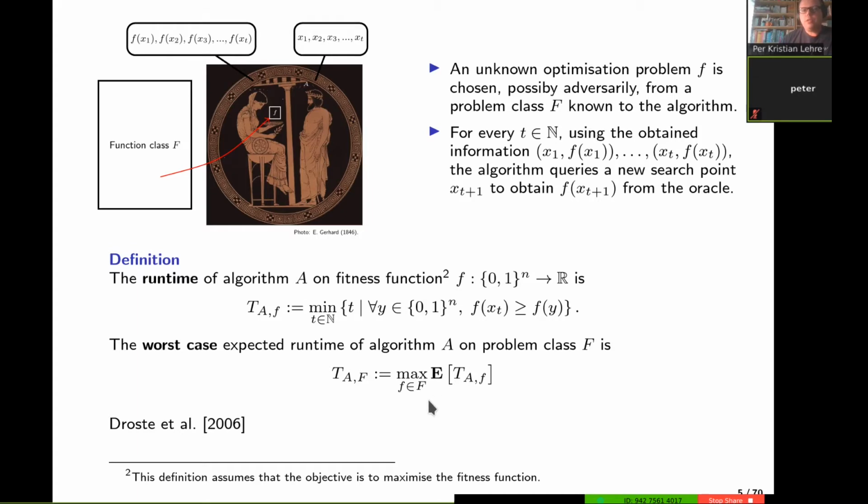And we're also interested in understanding how this runtime depends on the parameter settings of the algorithm, let's say mutation rate, or population size, or other parameter settings. So this is the goal of runtime analysis: to do this for different algorithms and for different classes of functions.